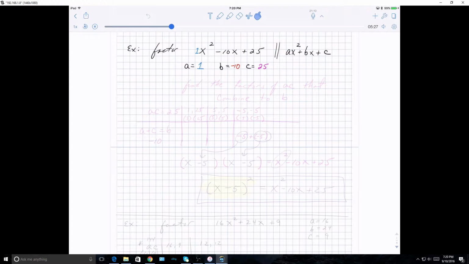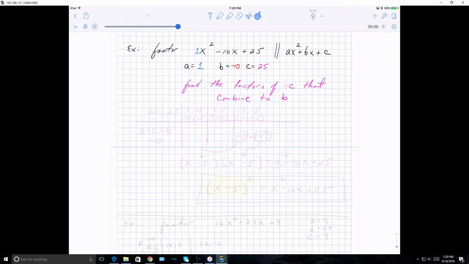That's great. So what we need to do to factor this completely is to find the factors of C that combine to B. So in this case, we're looking for all of the factors of 25.